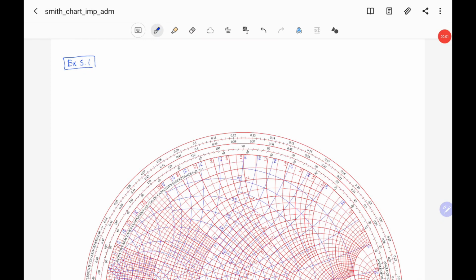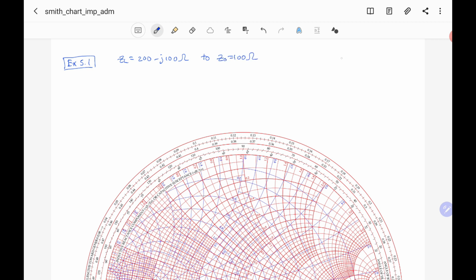So let's see example 5.1. Here ZL is given as 200 ohm minus j100 ohm, and this example asks us to design a matching circuit to transform ZL to Z0, which is 100 ohm.